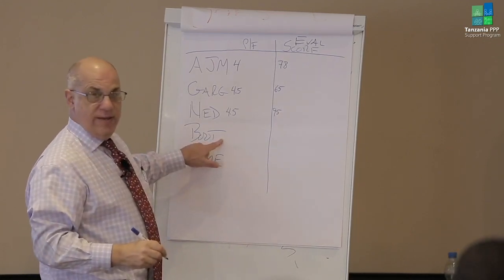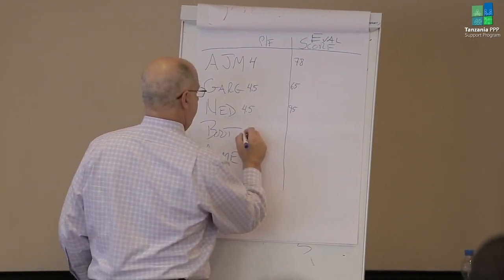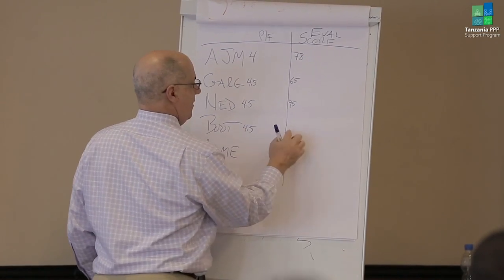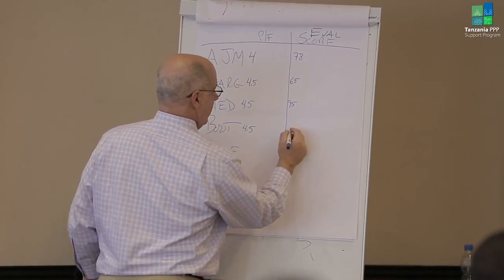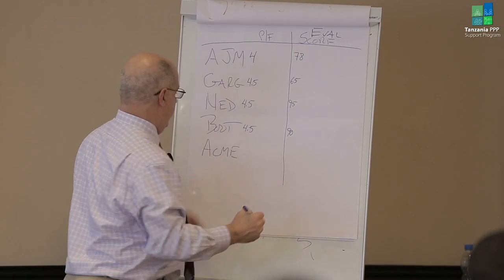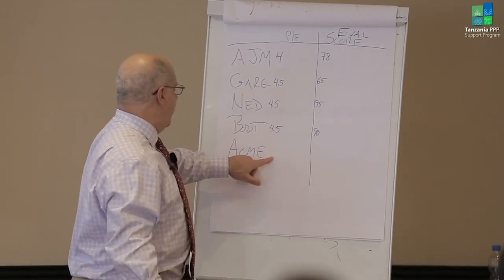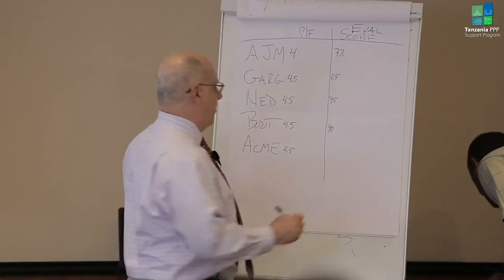Yours truly? 4.5. Okay. Score 90. 90? Yeah. Come on, what's wrong with you? Okay. And the last one? The last is 4.5. And the score? 73. 73, okay. Thank you.